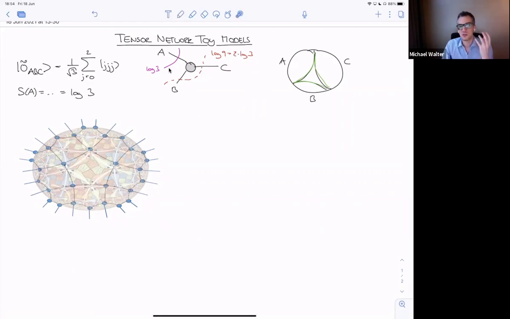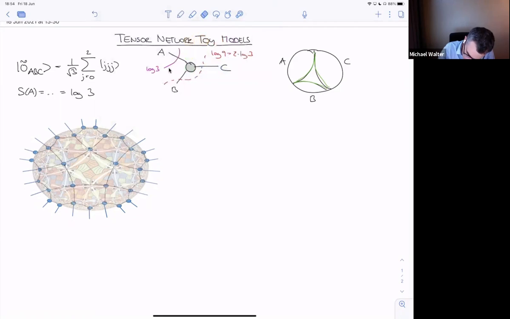We can either take a bunch of tensors, one for each vertex, and then project or contract pairs of indices. Another way of thinking about them is to take lots of maximally entangled states, which are the links, and then project parts of them on tensors. So I'm going to take the second perspective today, just for convenience of calculating.